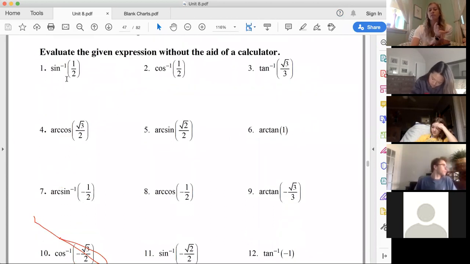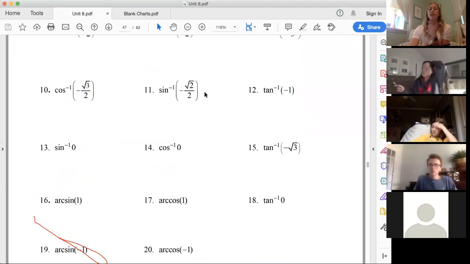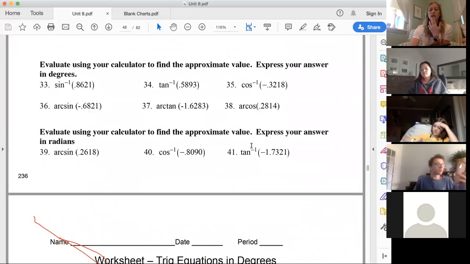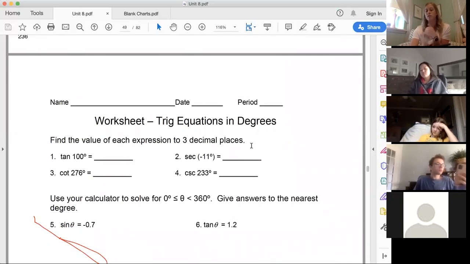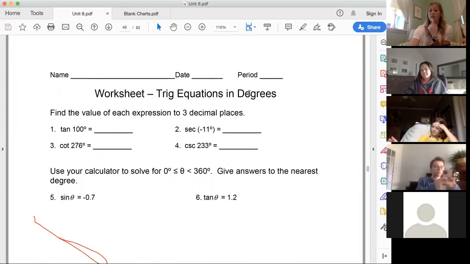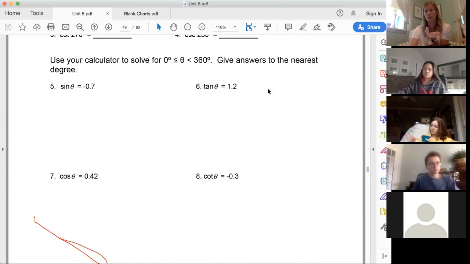Start on the first page, finding where the sine value is 1/2, where the cosine value is 1/2, and then work into some of the harder multi-part ones, to get yourself used to thinking both forwards and then backwards. Homework on this skips around severely, so definitely check my PCA for these questions. By skipping around, I mean I don't want you to have to do 6 pages of homework.